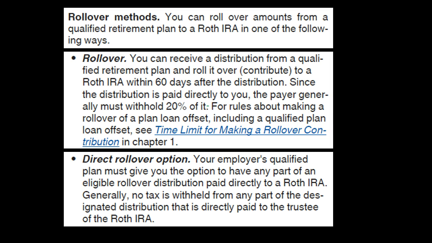Your employer's qualified plan must give you the option to have any part of an eligible rollover distribution paid directly to a Roth IRA. Generally, no tax is withheld from any part of the designated distribution that is directly paid to the trustee of the Roth IRA.